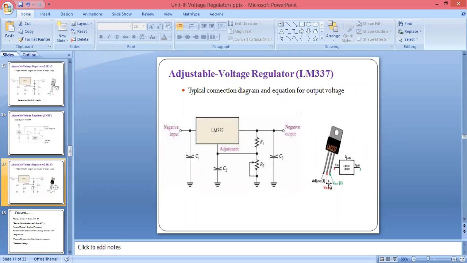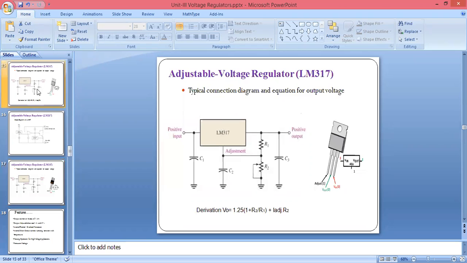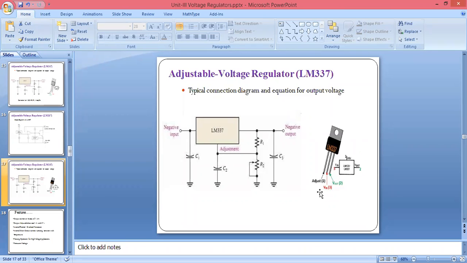At pin number 2, we are measuring the output, and at pin number 3, we are giving the input. But what is the difference here? In LM317 we are giving positive input, and we are measuring positive voltage at the output. But in LM337, the input is also negative, and at the output we will get negative output voltage that will have a variable range.